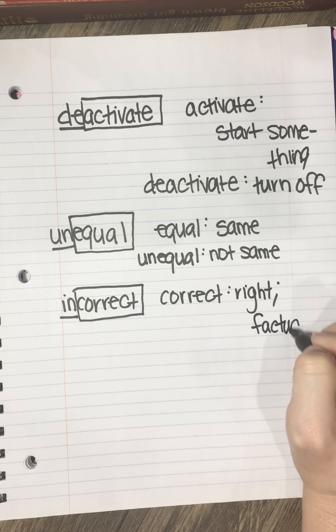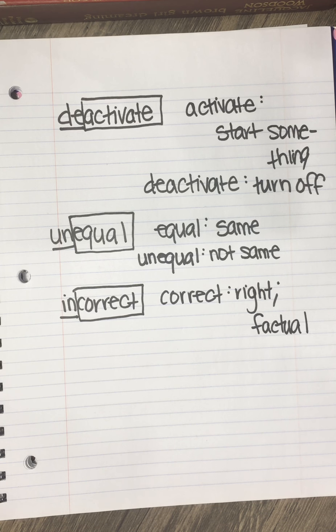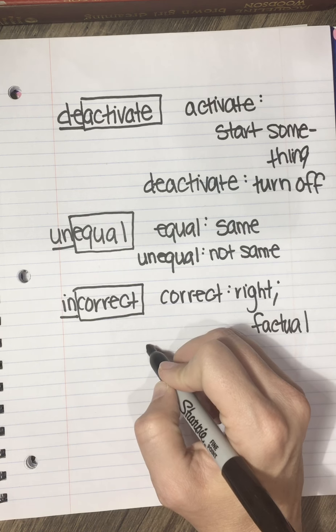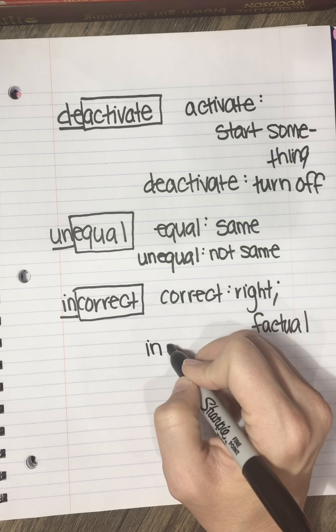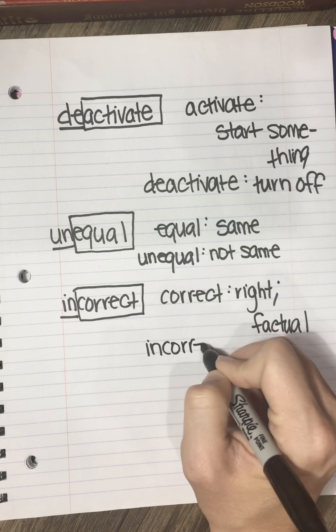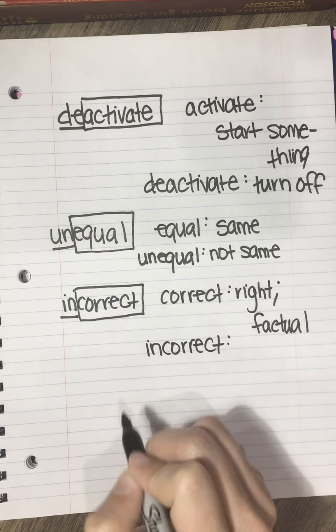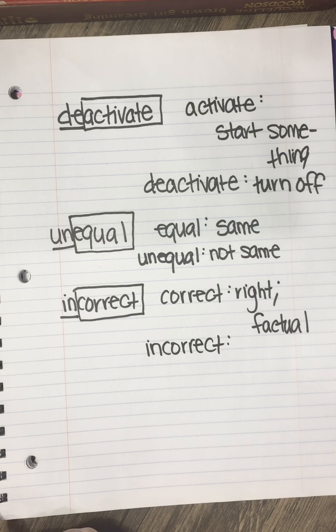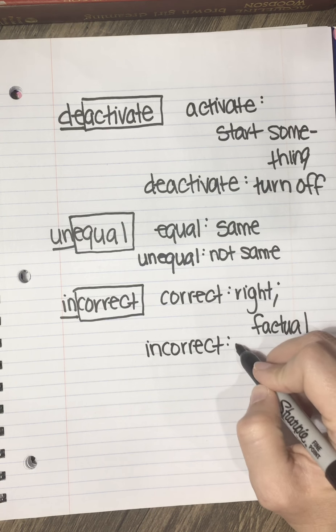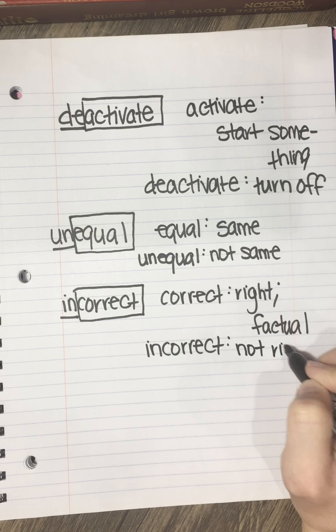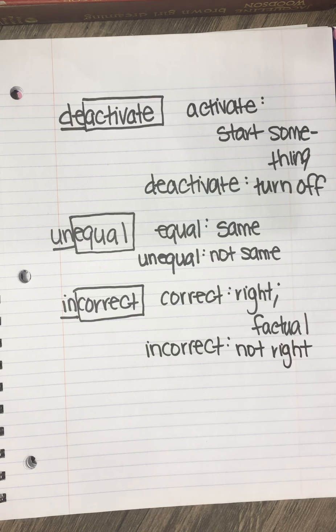So in nonfiction, you have factual things. Those are facts, they are correct, right information. If we add our prefix in, that makes it incorrect. So incorrect means that it's the opposite of correct. It's not right, or it's not factual information.